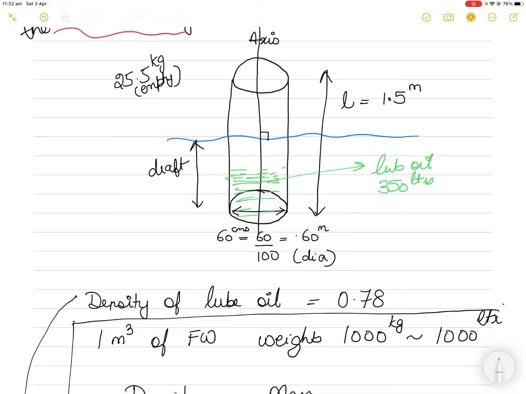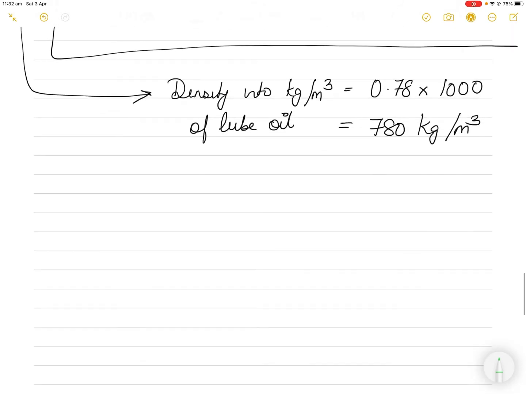So when I fill in the lube oil, this lube oil is occupying the volume of the cylinder, 350 liters. So it becomes the volume of the lube oil, filling the drum. So if I now have to find the weight of the lube oil, what will I do? Mass of lube oil will be equal to volume times density.